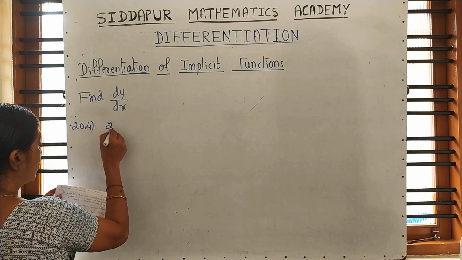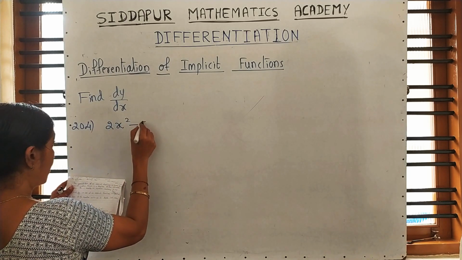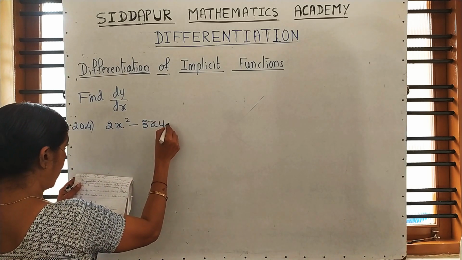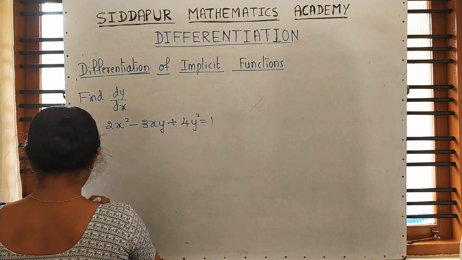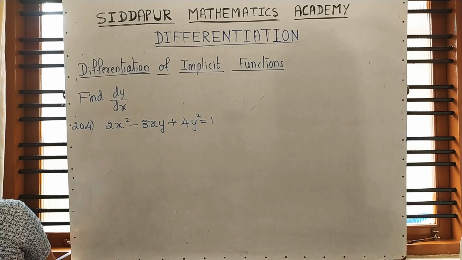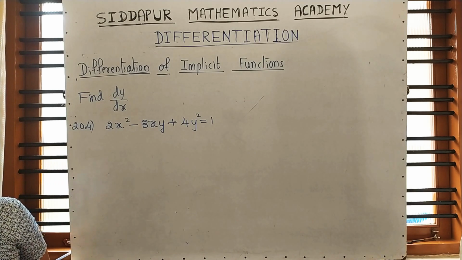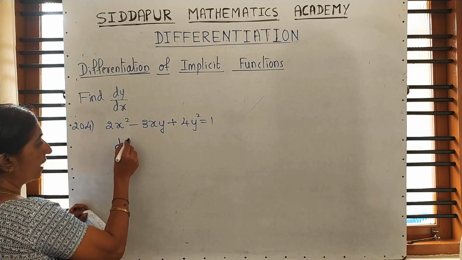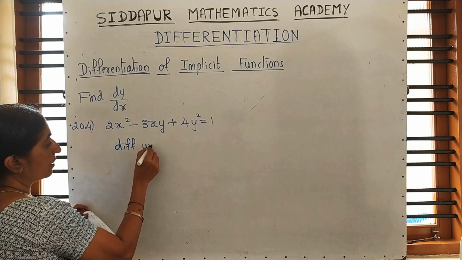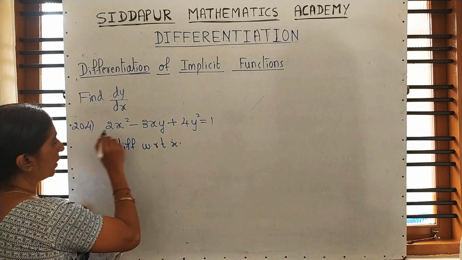It is 2x square minus 3xy plus 4y square is equal to 1. Students, please note down. Better if you take a paper and pen and write along with me. Don't separate x and y. Keep as it is, differentiating with respect to x.